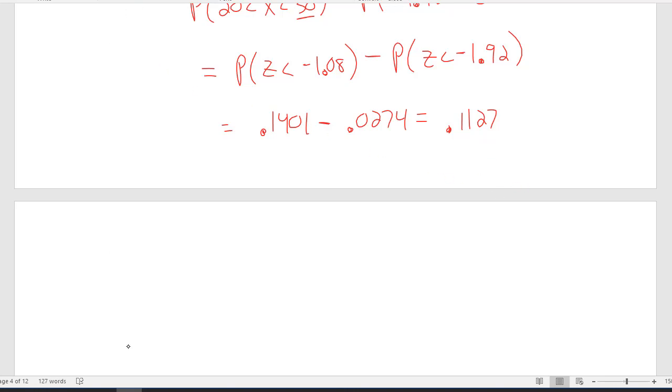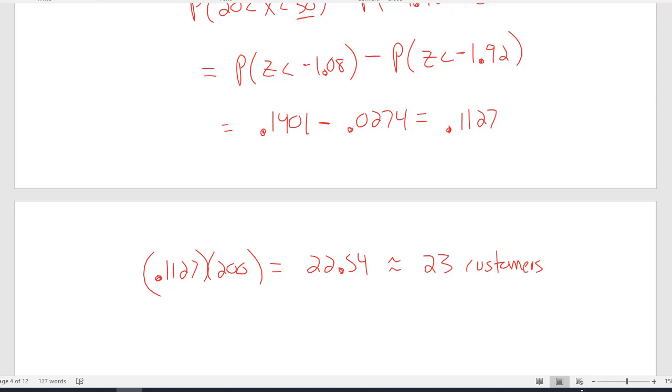But if I'm finding how many of the 200, I'm taking that percentage and multiplying it by 200. So I'm going to take out my calculator and do that real quick. I got 0.1127 times 200, and I'm getting 22.54. So I'll say that that's approximately 23 customers.